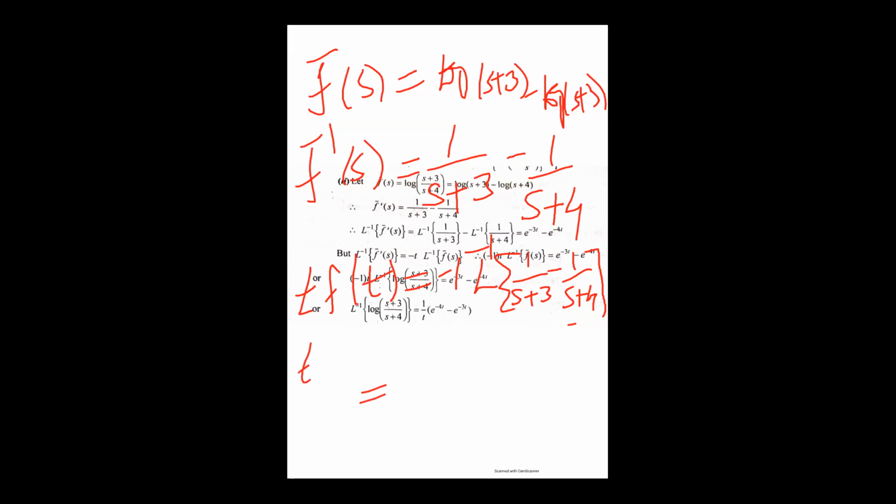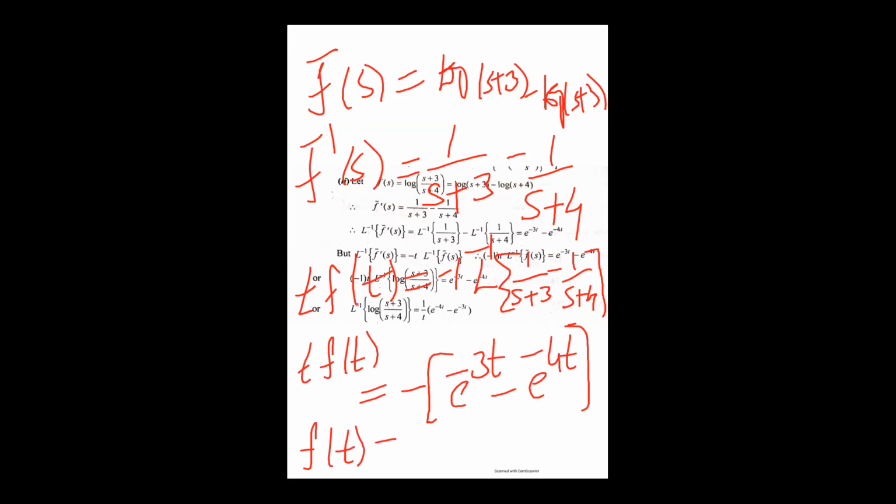So on the left side t into f of t, and on the right side minus of e power minus 3t minus e power minus 4t. Dividing by t on both sides, f of t equals minus 1 times the bracket of e power minus 3t minus e power minus 4t, by t.